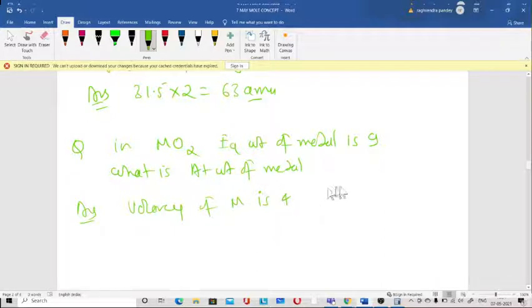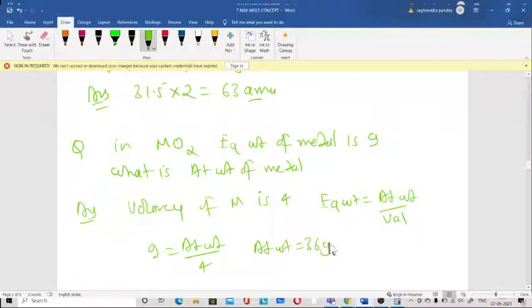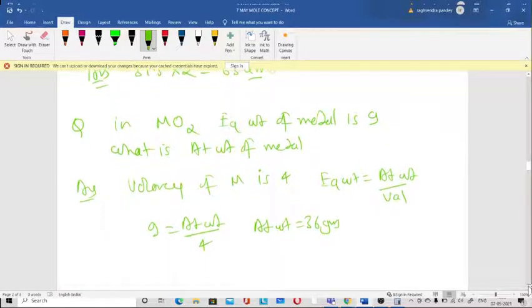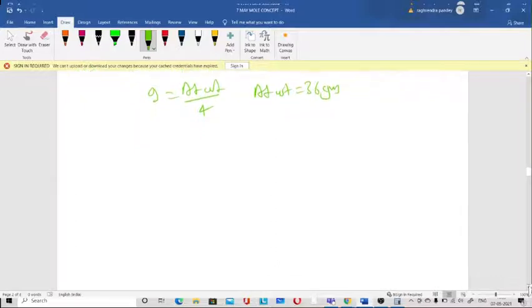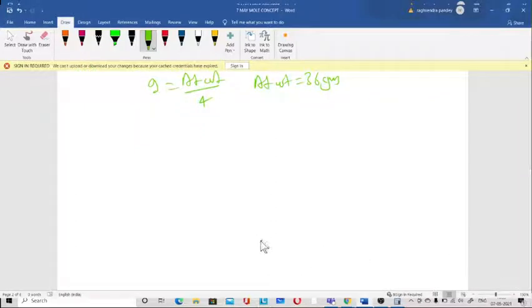Now equivalent weight is equal to atomic weight divided by valency. Equivalent weight is how much? It is 9: atomic weight 36 grams divided by valency 4. This is a simple question.